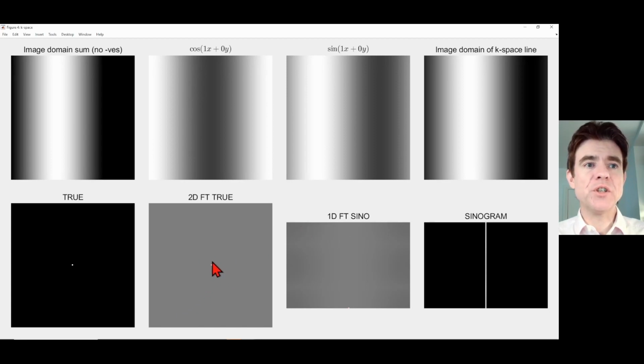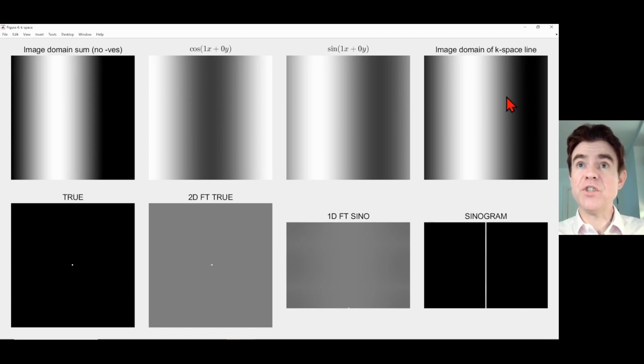First of all, I'm visiting the next location along the kx axis. That's kx is equal to 1. Therefore, I get one cosine function fitting within that horizontal field of view, if you like, of the scanner. So cos of kx times x, with kx equal to 1, gives one cosine function. And we get one sine function. Then I'm just adding those together.